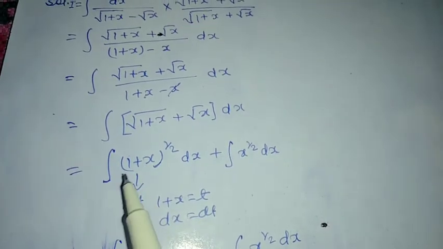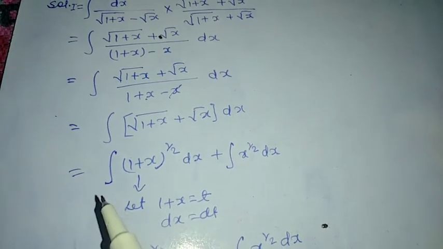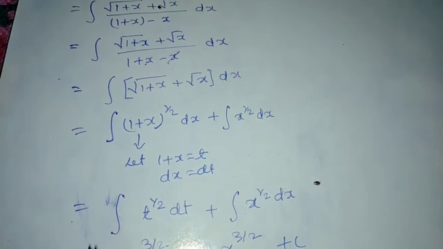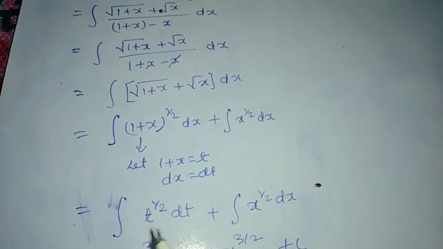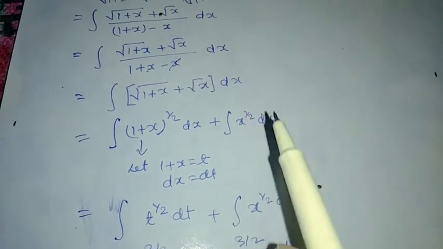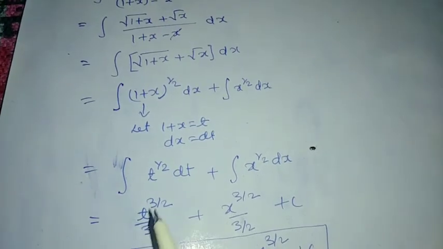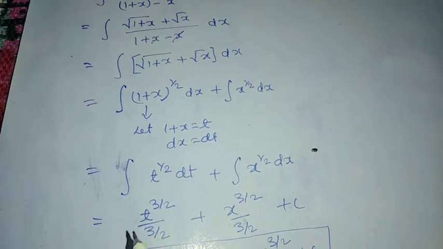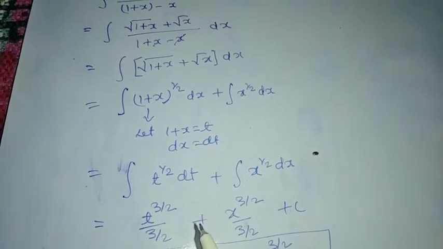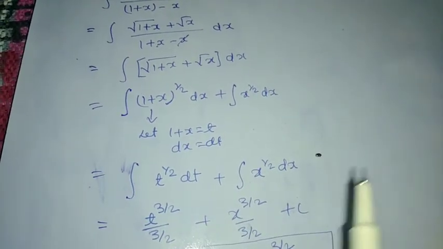For this we have taken 1 plus x as t. So in the next step you can see we have written integration of t to the power 1 upon 2 into dt plus, as we have written it as it is. So while integrating we get t raised to the power 3 upon 2 upon 3 upon 2 plus x raised to the power 3 upon 2 upon 3 upon 2 plus c.